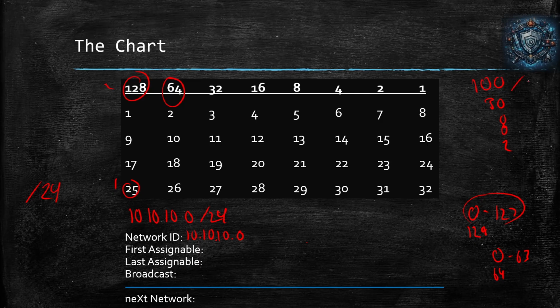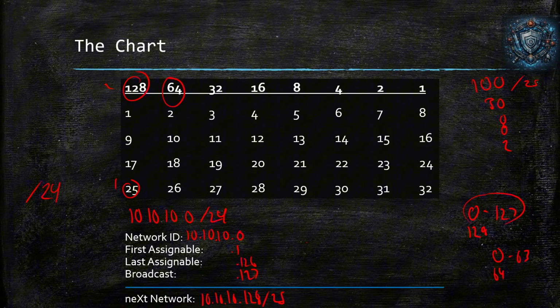So that's /25, which makes our network ID 0, our first assignable .1. Our next network is 10.10.10.128/25. That makes our broadcast 127 and last assignable 126.